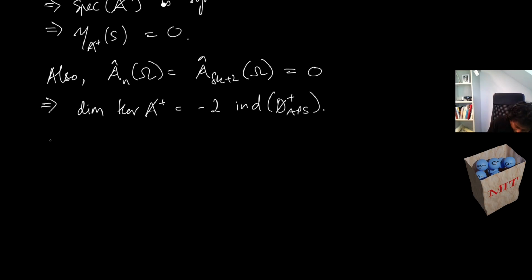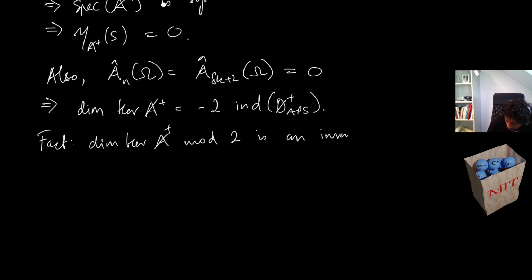So actually, we have to use another fact now, coming from other considerations, that the dimension of the kernel of A plus mod 2 is an invariant on the boundary.